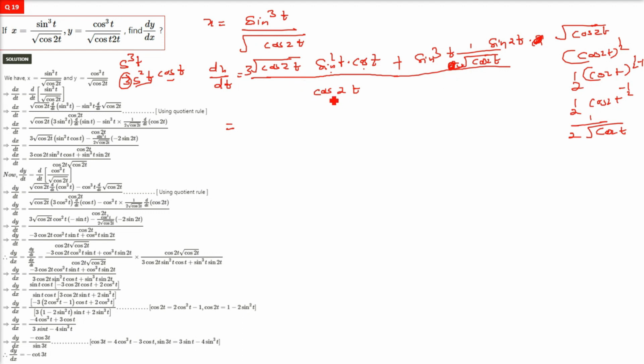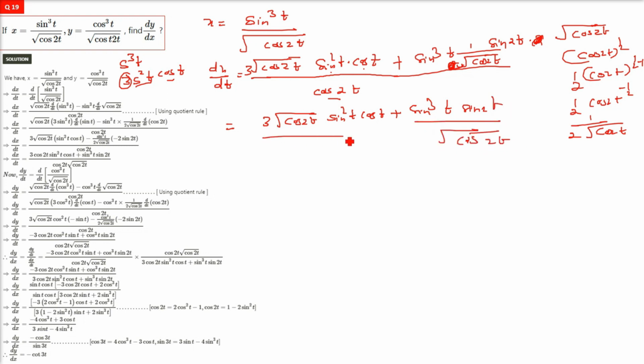So this is 3 under root cos 2t sin square t cos t plus this sin cube t sin 2t divided by under root cos 2t. Let us take the LCM, cross multiply, and then the multiplication of the denominator like that.